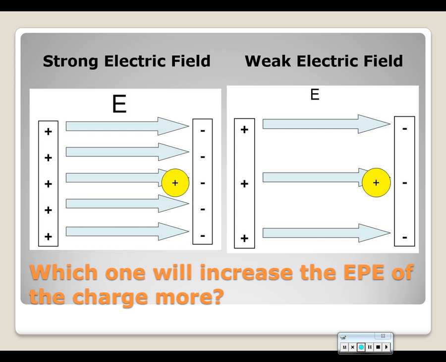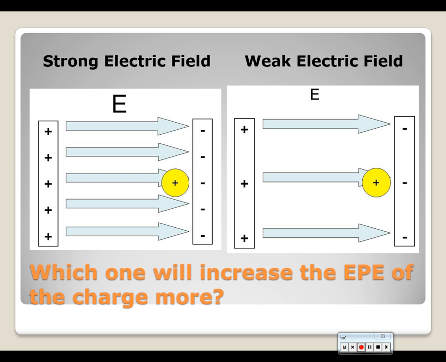So, let's take a look at these two pictures. Okay? Strong electric field, weak electric field. Which one's going to increase the energy more if I move this particle to the left? Strong field, right? So, for letter F, two other ways that electric potential energy can increase other than changing the position.